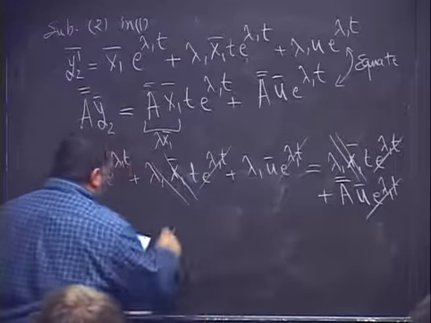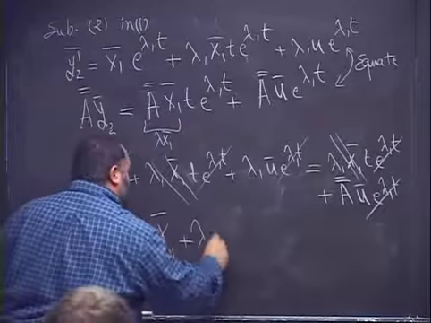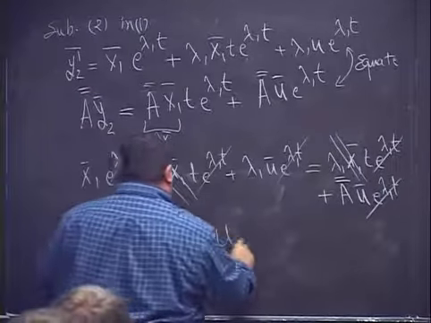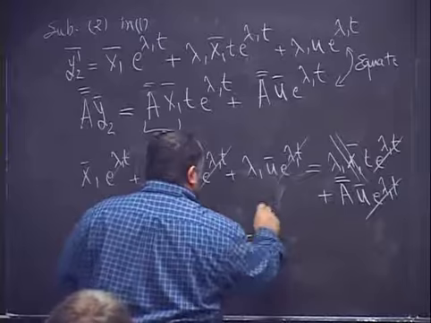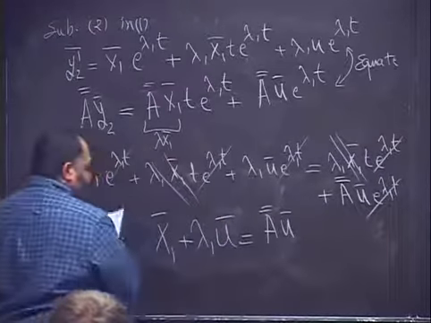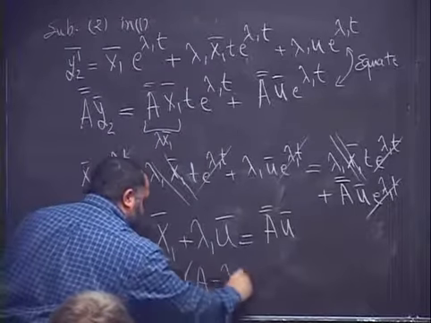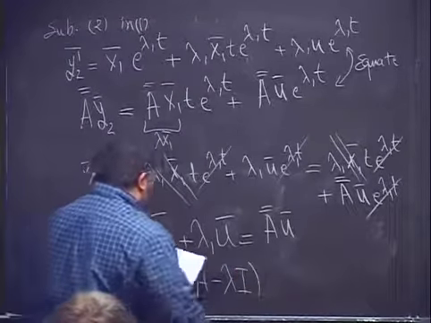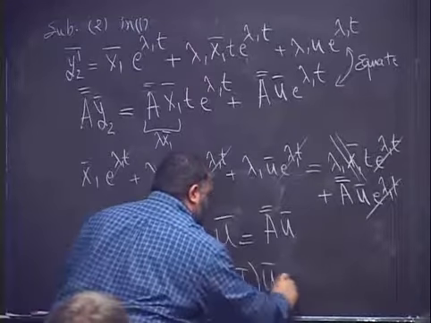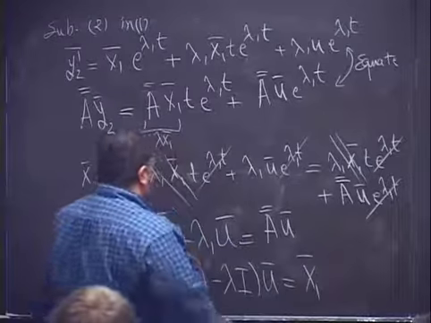When you write it down, this gives x1 plus lambda 1 u equal to A u. Or if you rearrange it, A minus lambda I, times u, equal to x1.